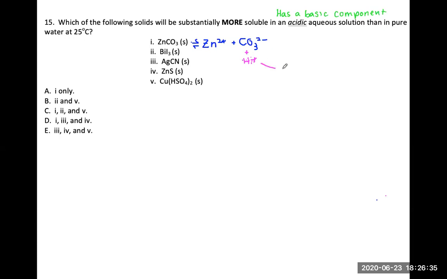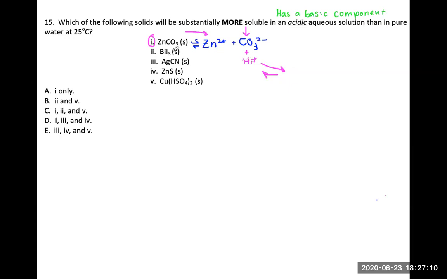If the H+ and the carbonate go off and do their own equilibrium, that's effectively reducing the amount of carbonate present in solution. It's removing the carbonate from hanging out with the zinc because it's busy hanging out with the protons. That draws the reaction more to the right, which would be an increase in solubility. So anything with a basic component within will be more soluble in acidic solution. As we can see, that would be zinc carbonate.